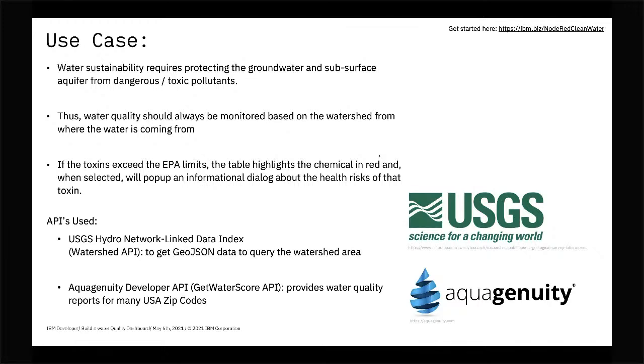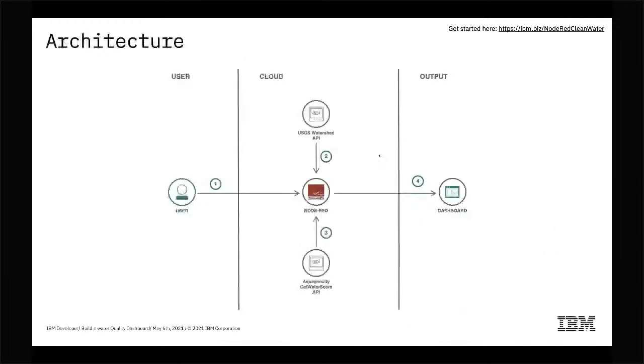You must be wondering, how does it exactly look? Okay, before even that, we'll go for the architecture. Our architecture would be very simple. As the user or developer, we are going to program Node-RED, where it's going to get data from the USGS watershed API and the Aquagenity API.